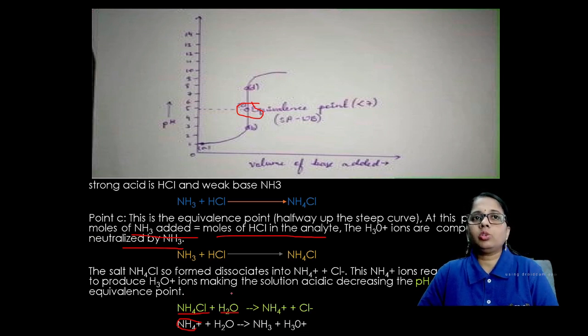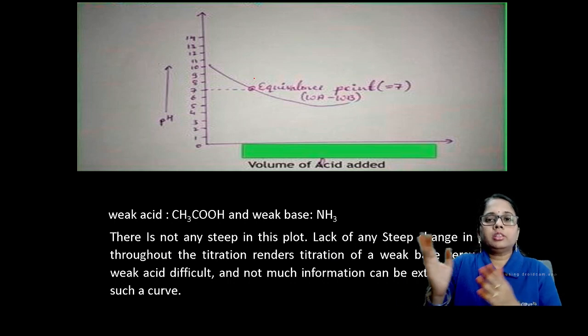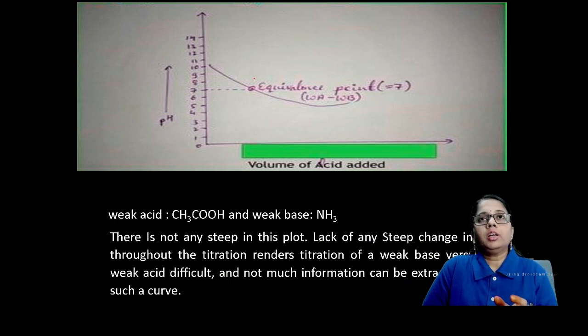So these H3O plus ions make the solution acidic, decreasing the pH to approximately 5. So at the equivalence point, you are going to see the sharp end point for this reaction also. So we know that if you titrate a weak acid with a strong base, or a strong acid with a weak base, you are going to see sharp end points.